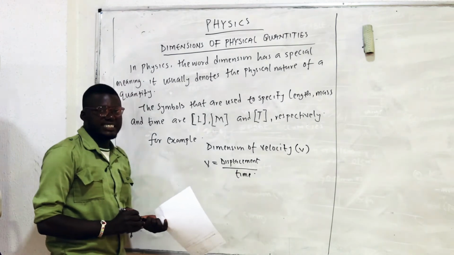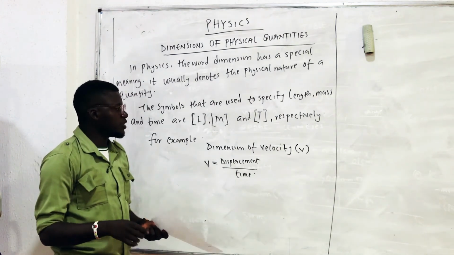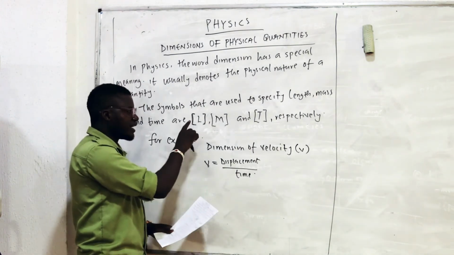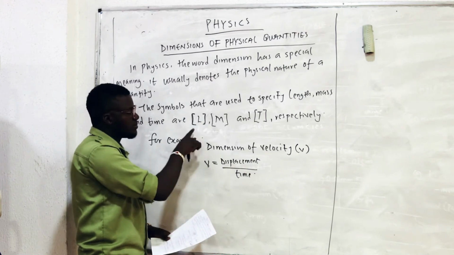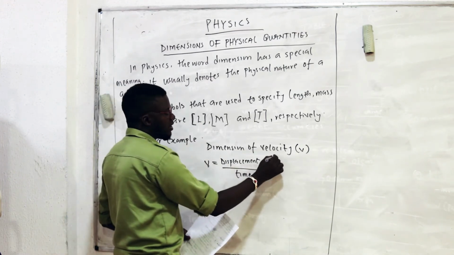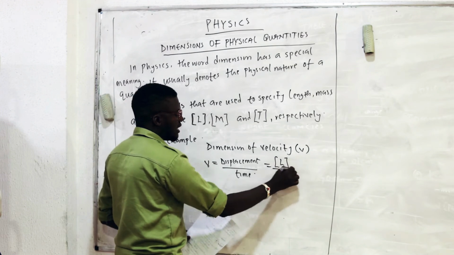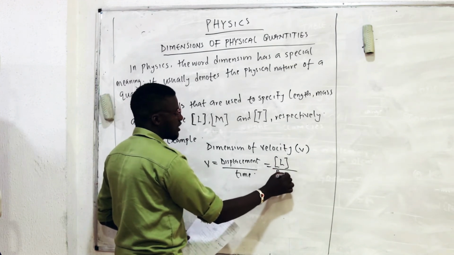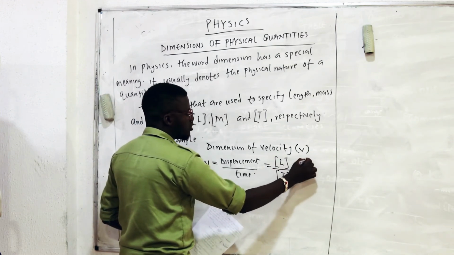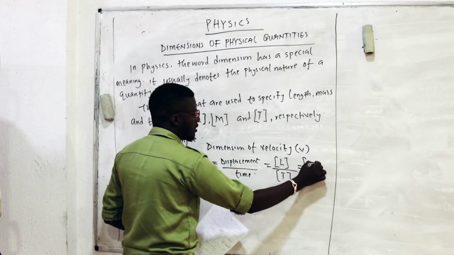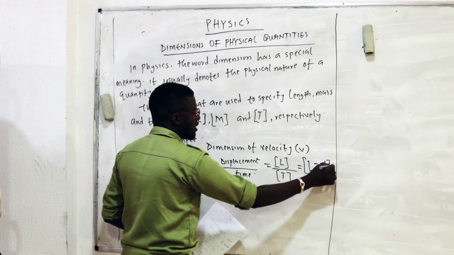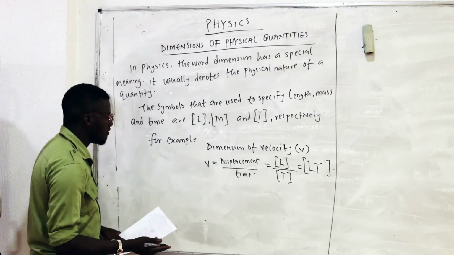So displacement is a measurement of length. Because it's a measurement of length, instead of displacement I'm going to put capital L, then divide by my time, which is denoted using capital T. So I'll have it to be L T raised to the power of minus 1. So this is the dimensional analysis of velocity.